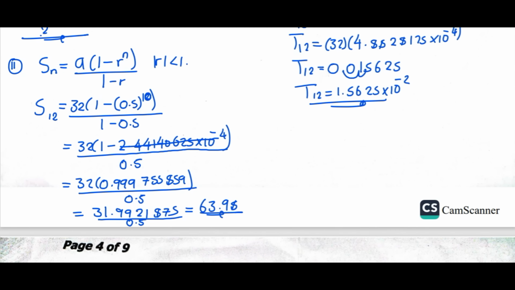So what is 0.5 raised to the power 10? I'm getting 9.765625 times 10 to the power negative 4. So I'll cancel these.